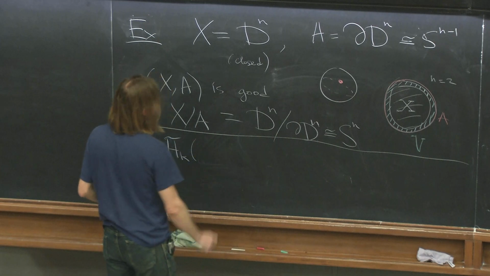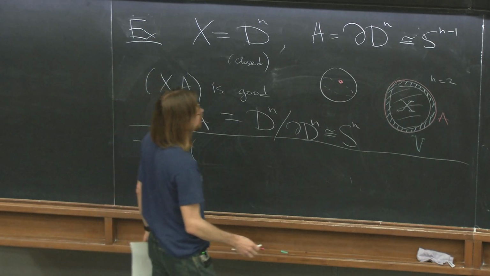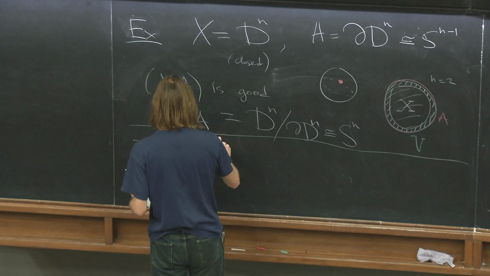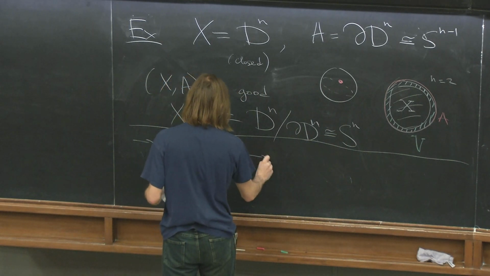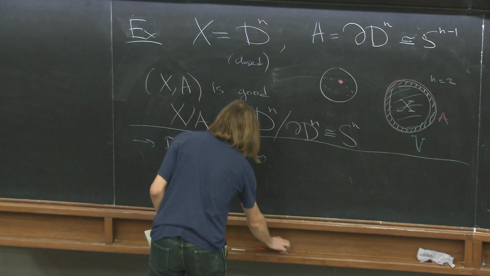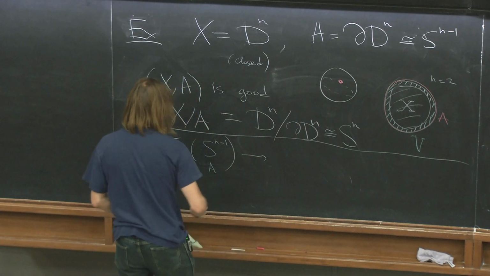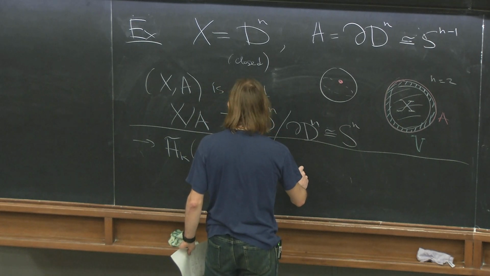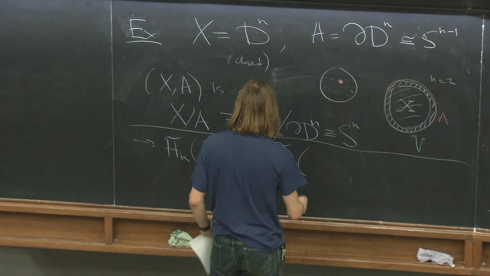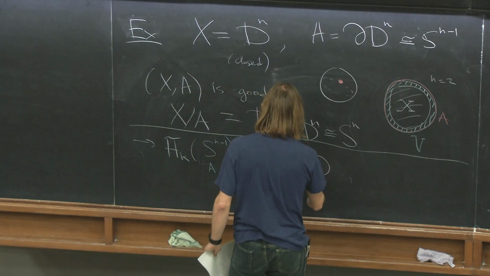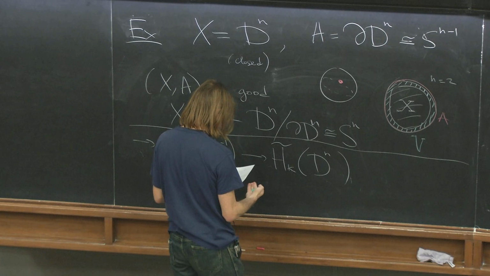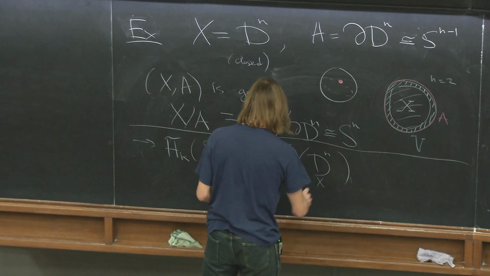So A is isomorphic to the n-1 dimensional sphere. And this is our first term. And then we go to the homology group of X, the n-dimensional disk.